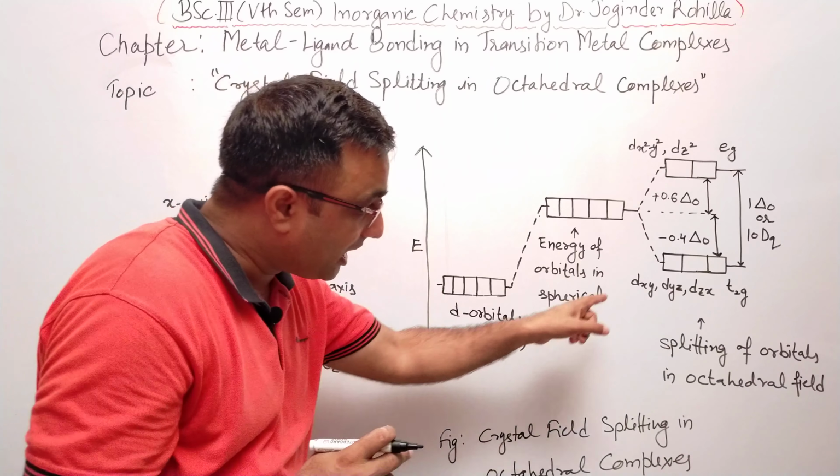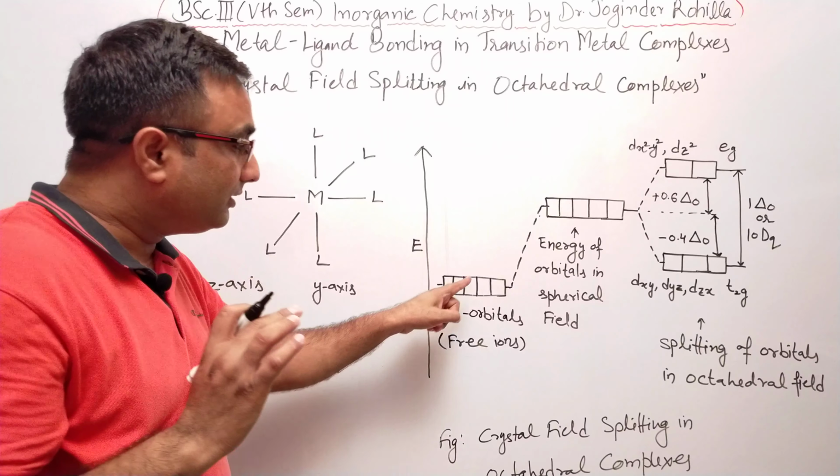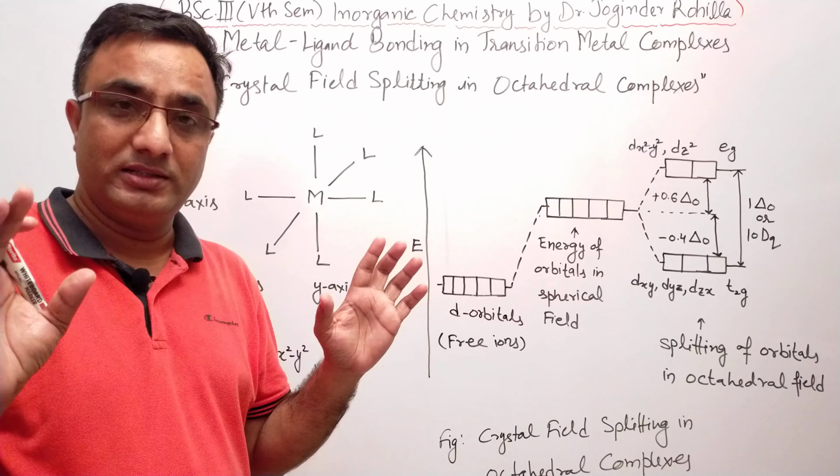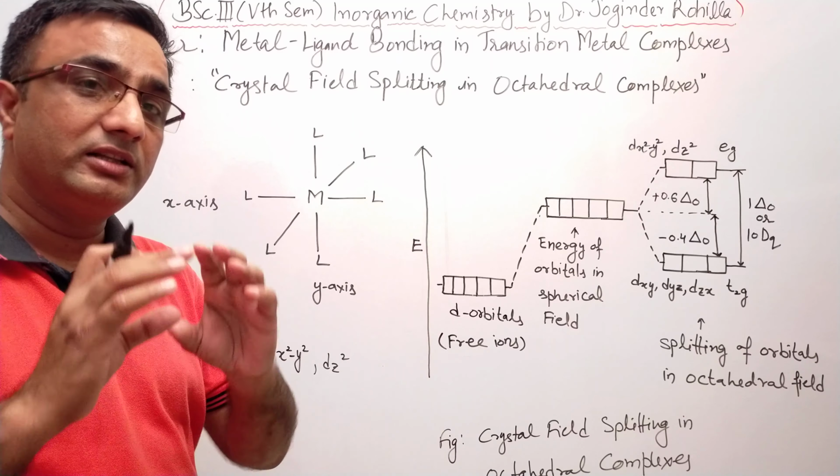In this diagram you will be able to understand, suppose this is the case of a free metal ion that is not surrounded by any ligand. These 5 d orbitals are of the same nature, they are degenerate.